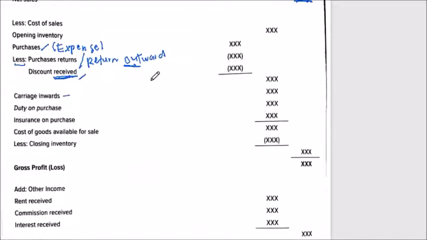faham tak? So carriage inward ini adalah kos yang kita kena tanggung untuk bawa masuk stok. Okay, sebab tu kita kena letak dekat harga stok yang kita beli. Sebab dia included dengan harga barang, harga transport sekali semua tu, baru kita boleh tahu barang tu berapa ringgit, barang stok tu.